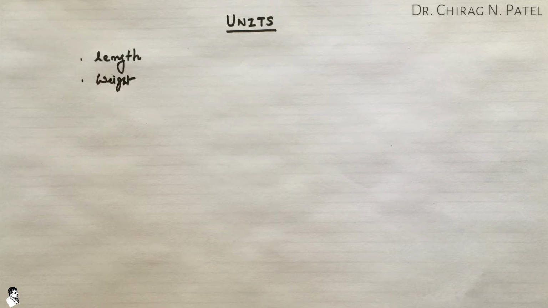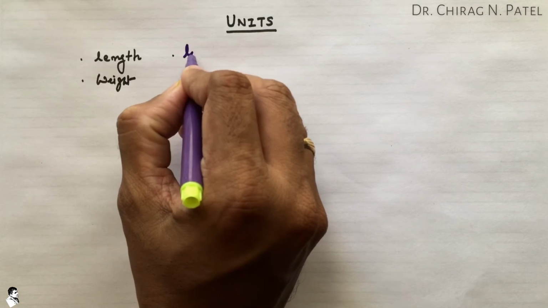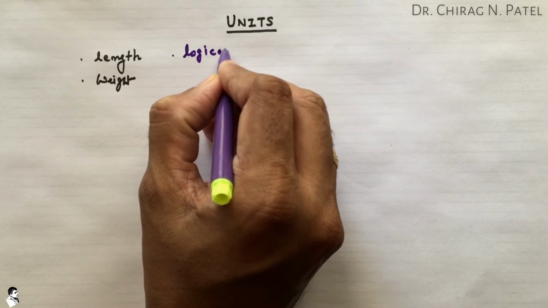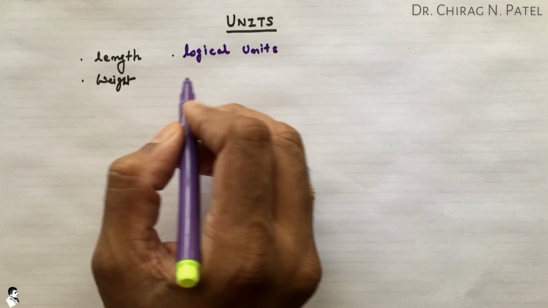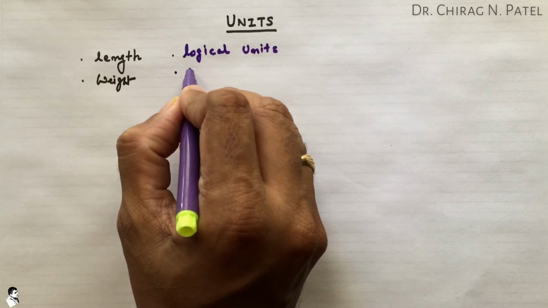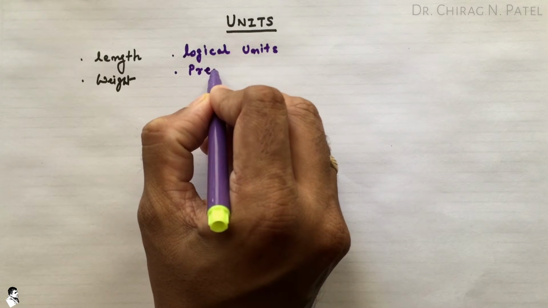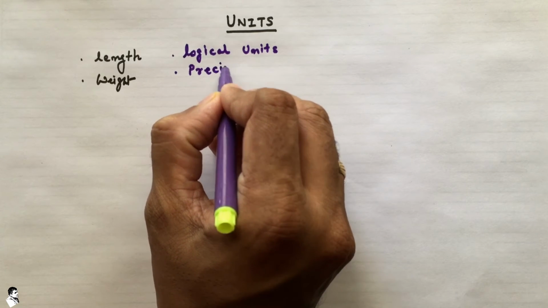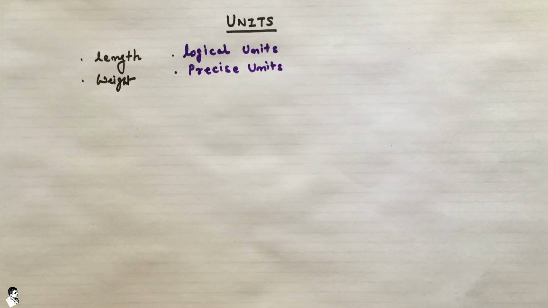All types of measurements are carried out with such logical units, and also that can have some precision. That's why precise units are required to measure the entity.